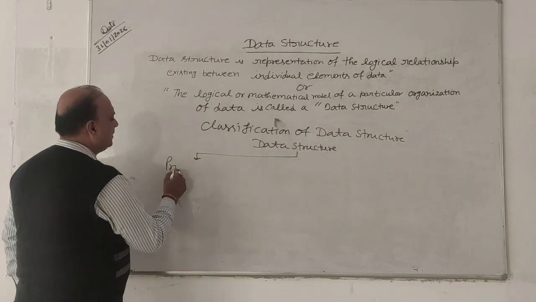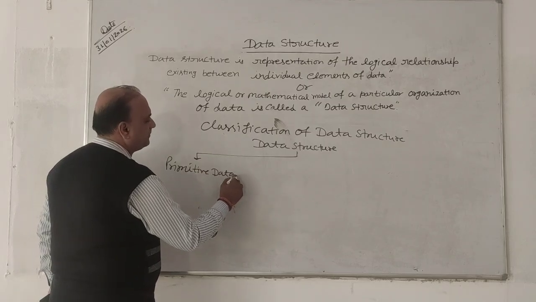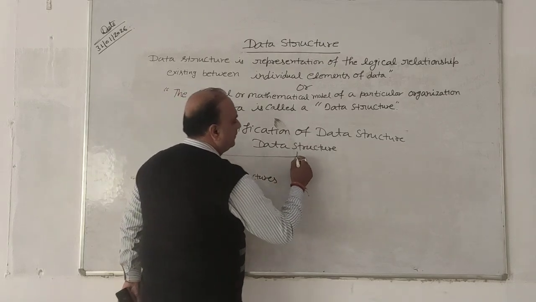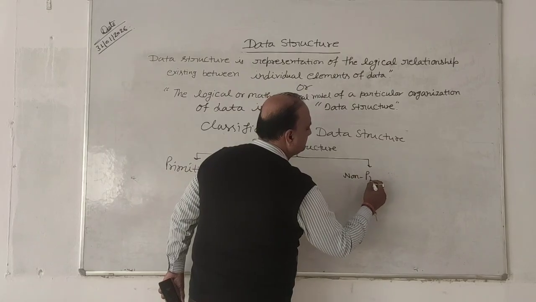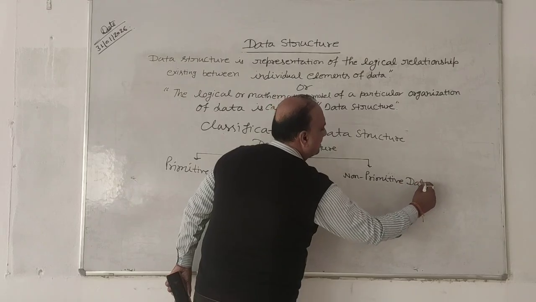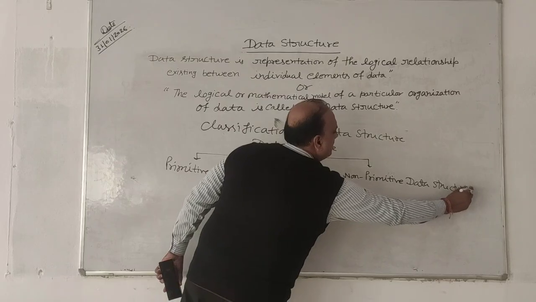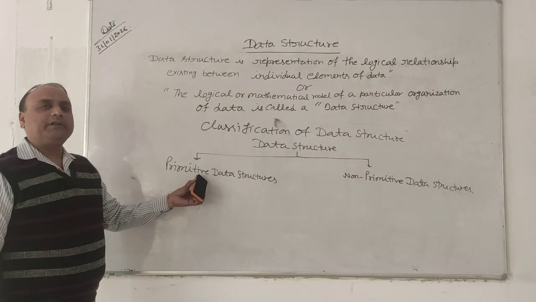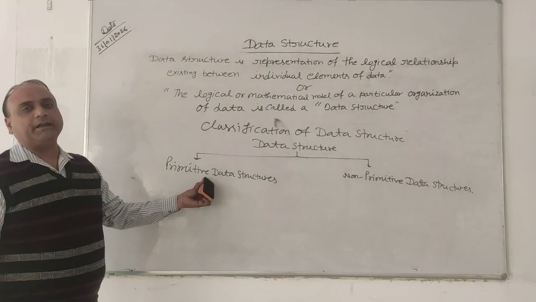First one is the primitive data structures and second one is the non-primitive data structures. In case of primitive data structures, they are directly operated by machine instructions, or you can say that they are built-in data types.